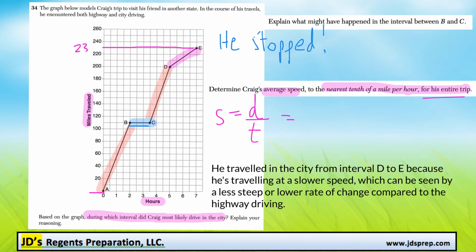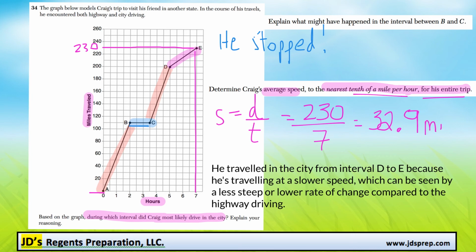That would be 230. So we traveled 230 miles over how much time? That whole trip took 7 hours. And 230 divided by 7 is 32.9 if we are going to round to the nearest tenth, miles per hour.